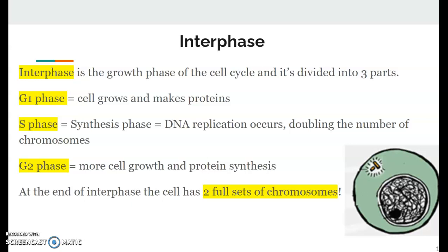So this is when the doubling of the chromosomes occurs. G2 is when there's more cell growth and protein synthesis. So at the end of interphase, the cell has two complete sets of chromosomes, two full sets. Everything is duplicated.